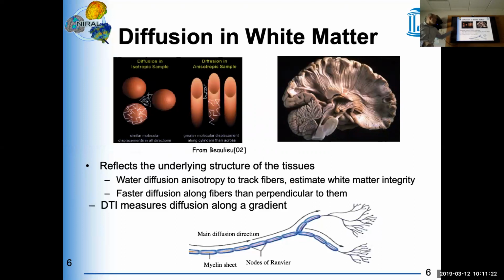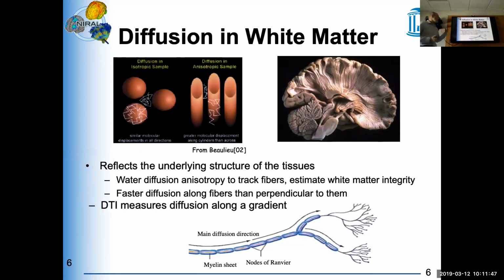With diffusion, we can see the underlying structure, or microstructure, of the white matter tissue, and you'll see that in the talk. I'm coming back to that a lot. This is not actually directly measuring connectivity or tracts. What we're measuring is local microstructure, and from that we're extrapolating a lot of information.